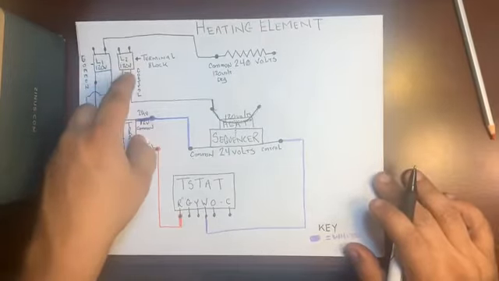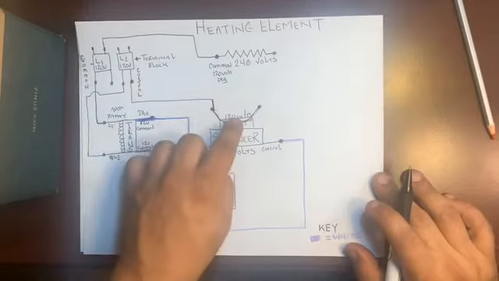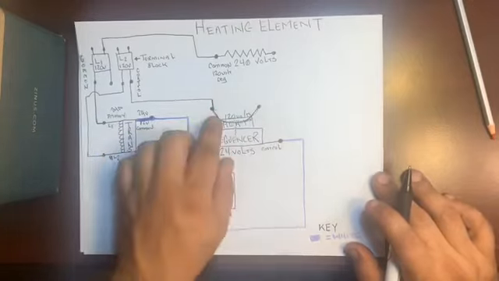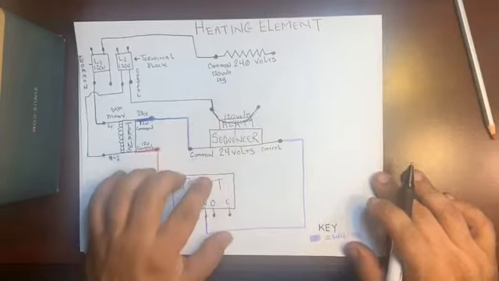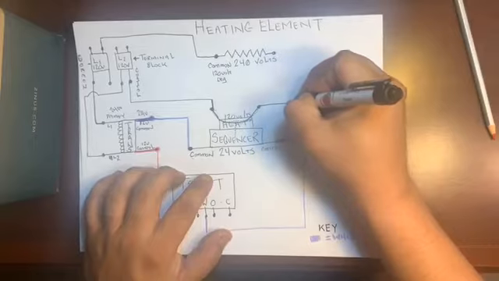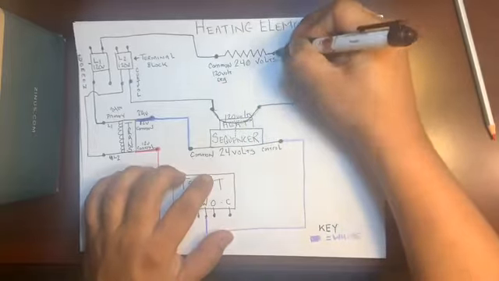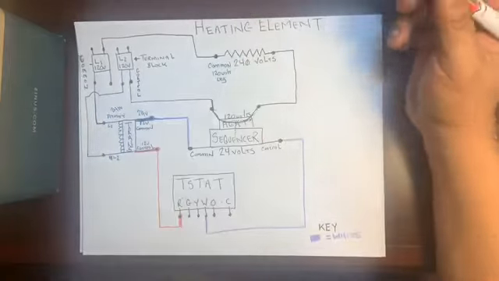Now follow the flow of electricity. Electricity is leaving L2 and it's stopped right here because this bimetal will be down if there's no 24 volts. So what we do is on the other side, we add our wire all the way through and bring it to the other side of the heating element.